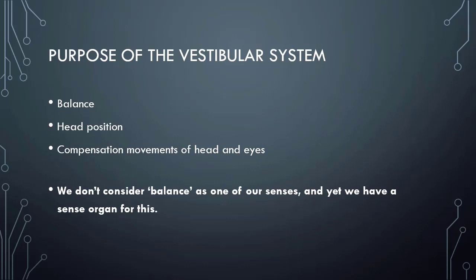And oftentimes the senses that we do think about, like touch, can actually be broken down into many subcategories where we have different receptors for things like hot and cold and pain and vibration and all kinds of stuff, as we'll see in another couple of classes here. So just keep in mind that the brain's definition of senses is probably a little bit different than the elementary school definition for senses.